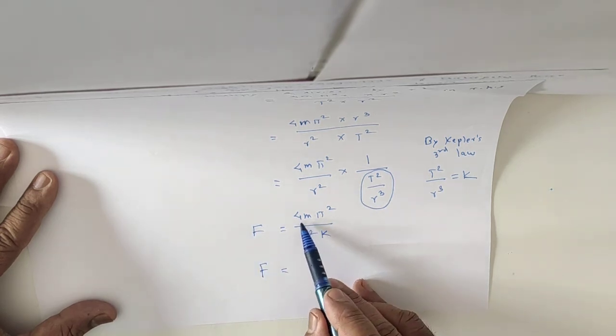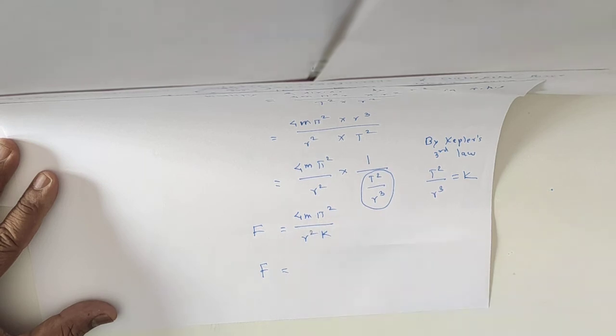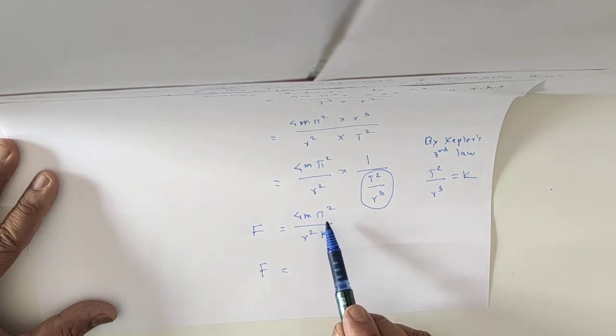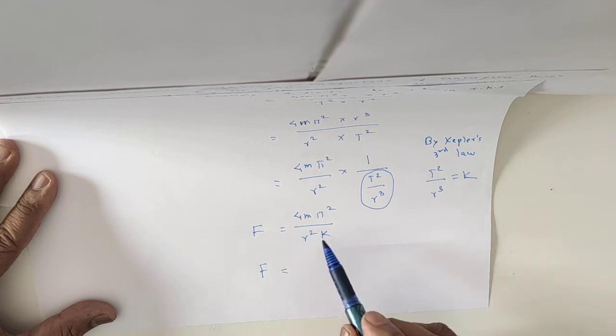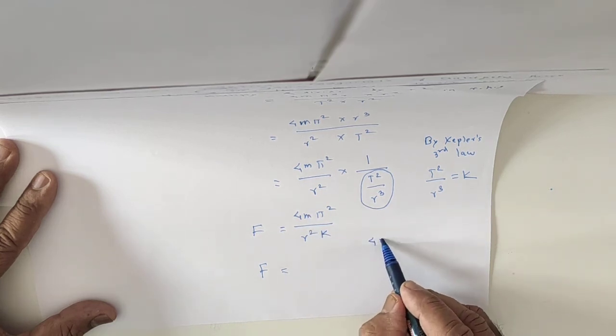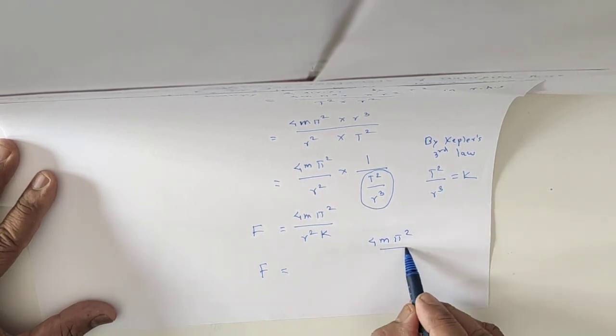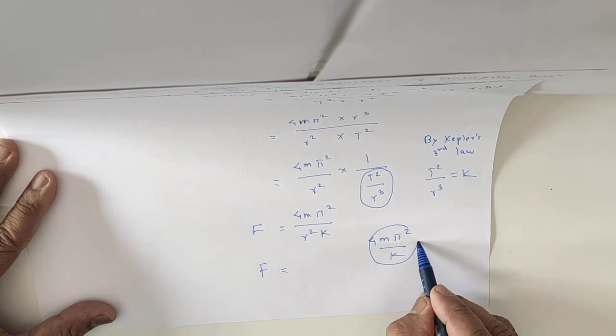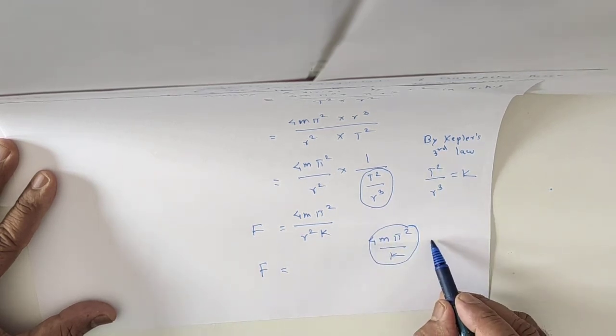4 is constant, m is always constant because mass cannot change. Pi is the value 3 point something or 22 upon 7, it is also constant. k is constant, which means 4 m pi square upon k, this total quantity, is a constant.